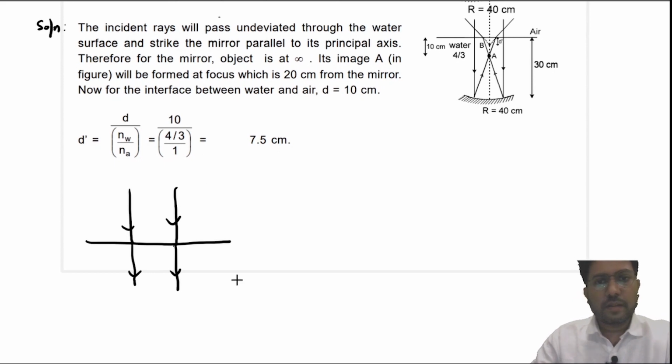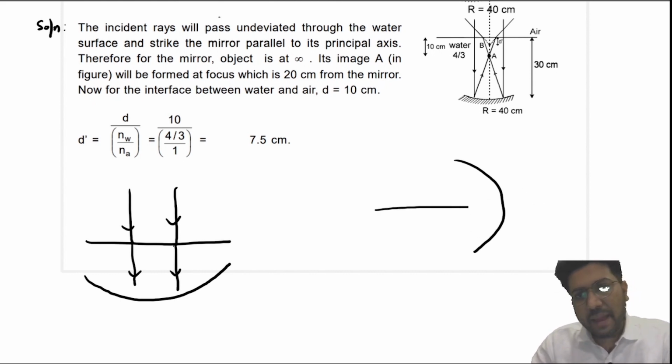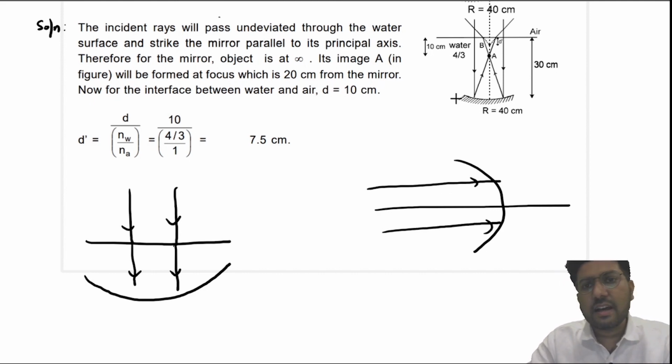Now this is the mirror, right? So basically what is happening here is the parallel beam of light which is parallel to the principal axis is striking the concave mirror. You know that when the parallel beam of light strikes the concave mirror, the image is formed at the focus.